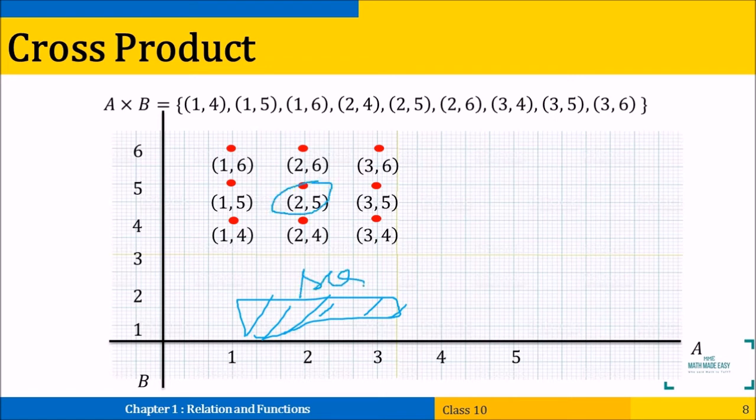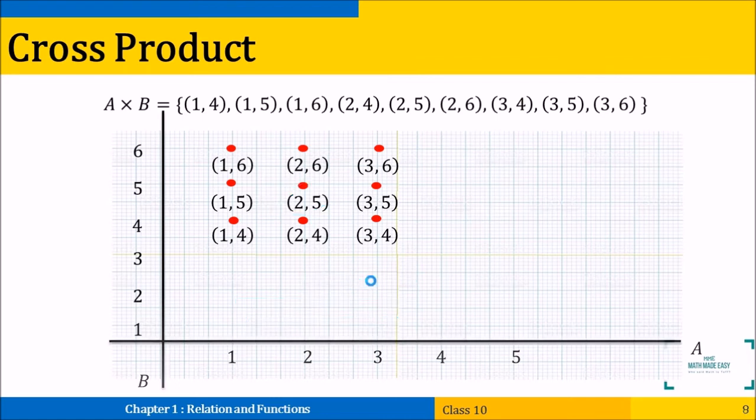So how do you pick that seat 2, 5? Go to the second row, pick the fifth seat. So that's going to be the place where you get the wonders of that movie, right? This is how you actually interpret a cross product.